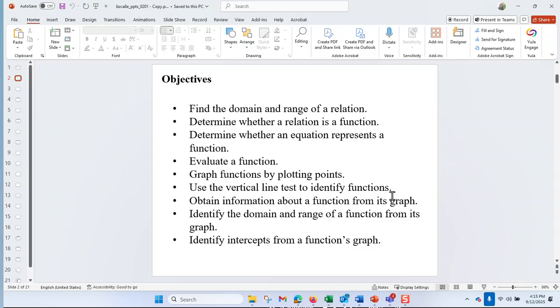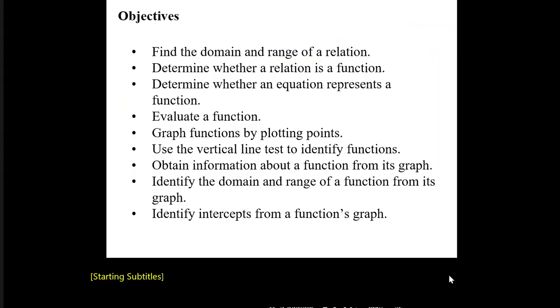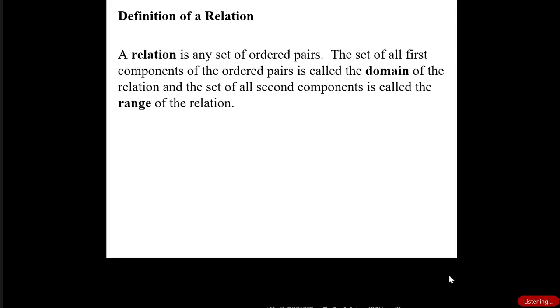Of course, you need to graph the function, identify the vertical line test and the horizontal line test, and know how to identify the x-intercept and y-intercept from the graph. That is pretty much the objective for this section.